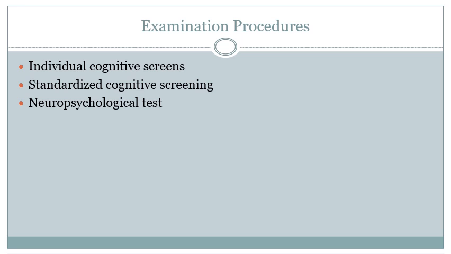Again, the standardized cognitive screening tools are just that. They're basically little standardized tests that go through, I had mentioned the standardized assessment of concussion, which is a very common one to use. Those sorts of things give you objective data to be able to use and assess people when you have concussions. And then you have the neuropsych tests, which many times are computerized.